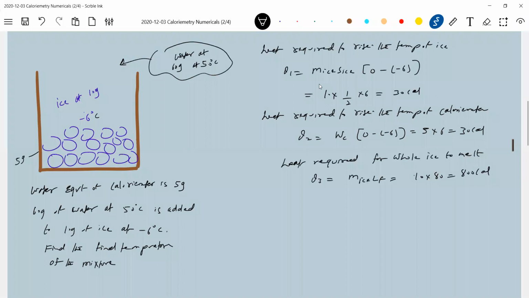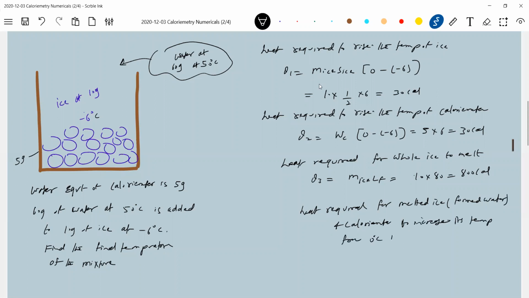So therefore now, what is next? Heat required for the melted ice, the newly formed water, and the calorimeter to increase their temperature from 0 degrees Celsius to some temperature we don't know.